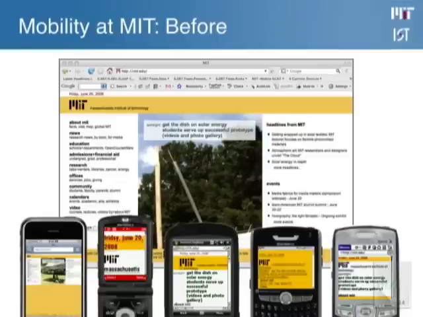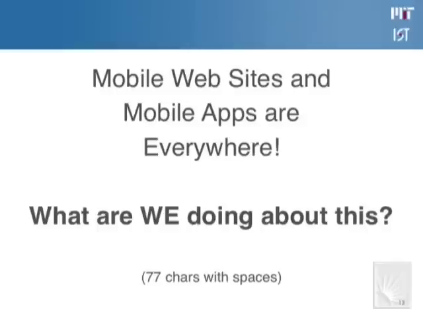So mobility at MIT essentially starts with the MIT website. So that's basically a picture. There is the MIT website. I think this was from May of last year. And when you look at that website from all these mobile devices, whether it was the iPhone or a regular cell phone and whatnot, basically it worked, but it was horrible.